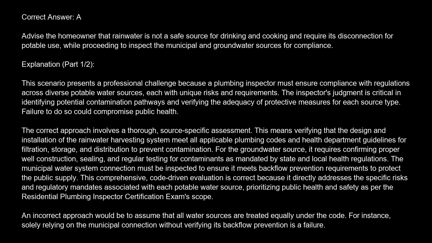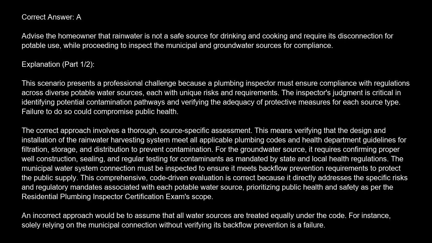The correct approach involves a thorough, source-specific assessment. This means verifying that the design and installation of the rainwater harvesting system meet all applicable plumbing codes and health department guidelines for filtration, storage, and distribution to prevent contamination. For the groundwater source, it requires confirming proper well construction, sealing, and regular testing for contaminants as mandated by state and local health regulations.